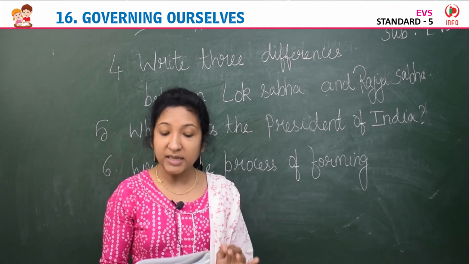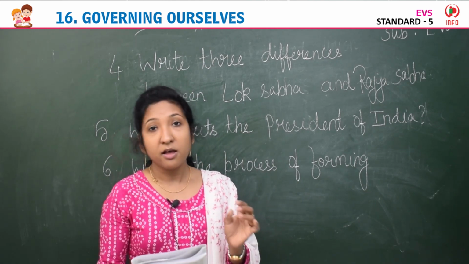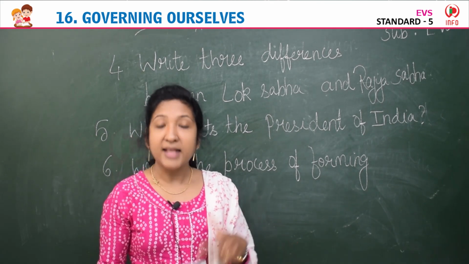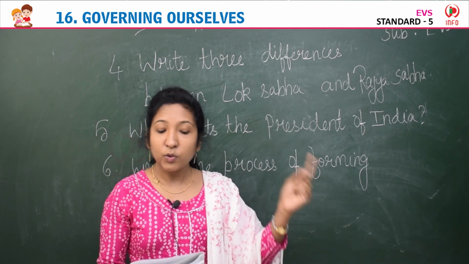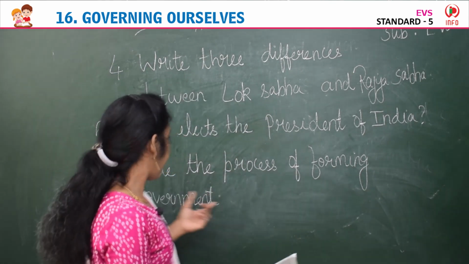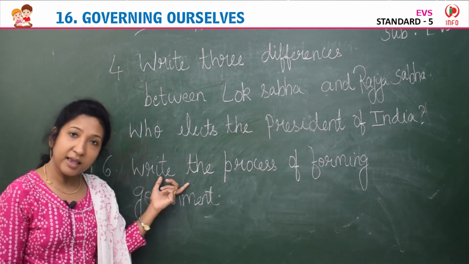Also, the president appoints the leader of the victorious party, meaning the winning party, as the prime minister, who in turn forms the cabinet ministers. That is the answer to this question. Okay, understood?